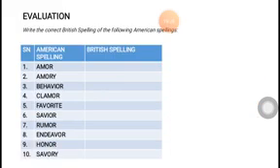Write down the correct British spelling of the following American spellings. Here you have 10 words of American spelling. Now, what you have to do is change them to British spelling on this table. So you have the American spelling here. On the other hand, change that to British spelling.